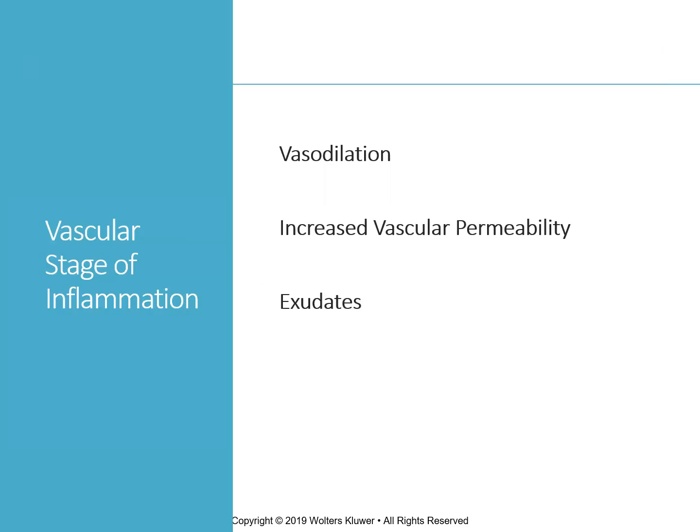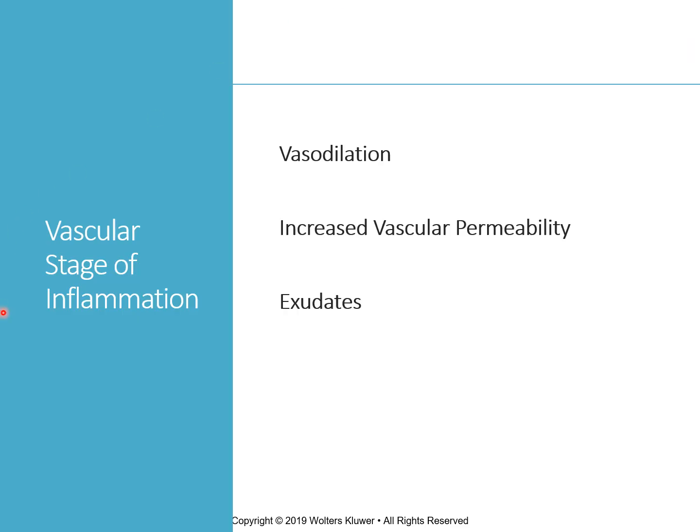Okay, so now that we understand the function of endothelial cells, we've talked about some of the key cells involved in this process, and we've talked about some of the chemical mediators. Now we can go ahead and start talking about the overall process of inflammation itself.